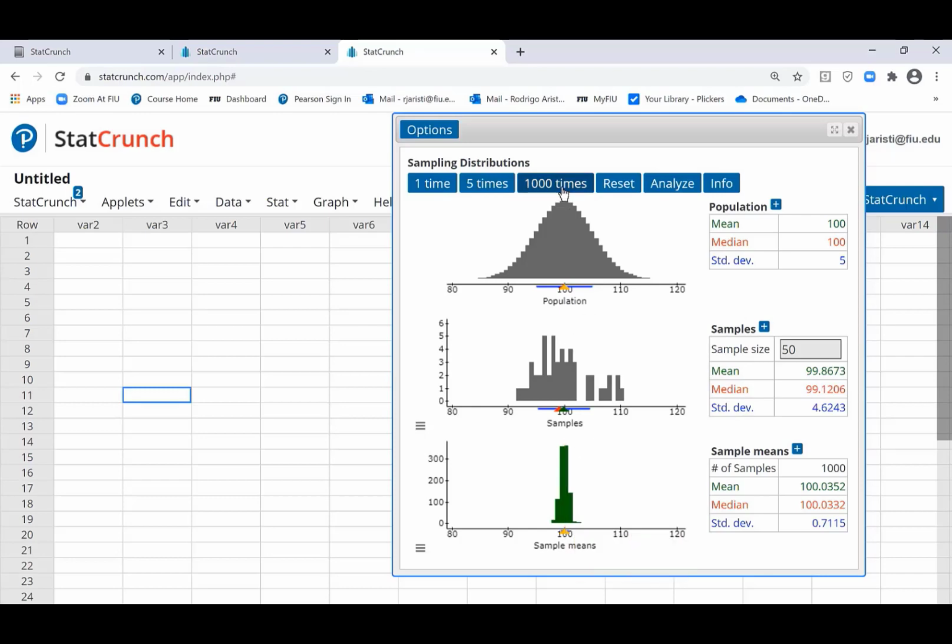Here we have only 1000, but we can select 2000 samples. We observe that the sampling distribution becomes more normal and the center of the distribution will be closer and closer to 100. If we select not 7000 samples of size 50, but all samples of size 50 from this population, all of them, then the mean of all of the samples will be exactly 100, the mean of the population.